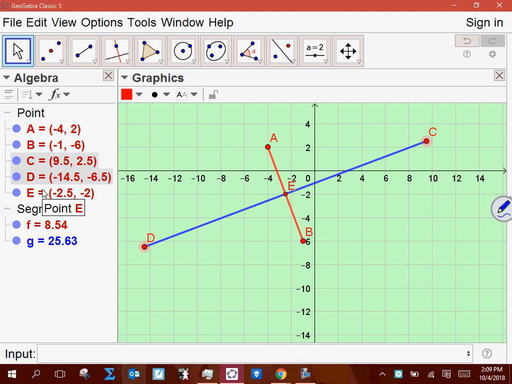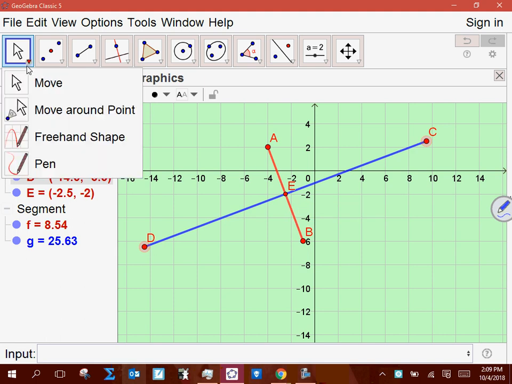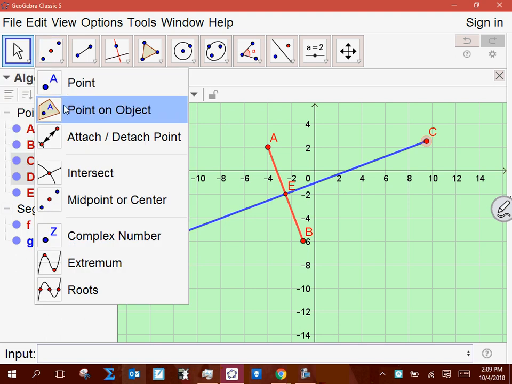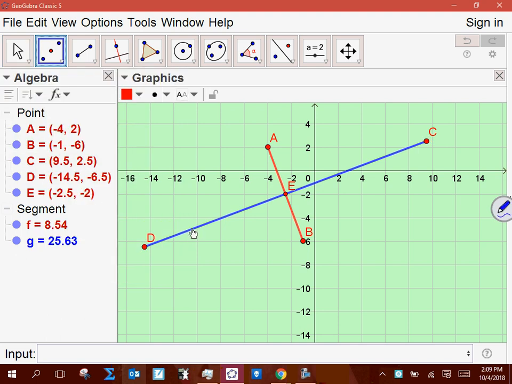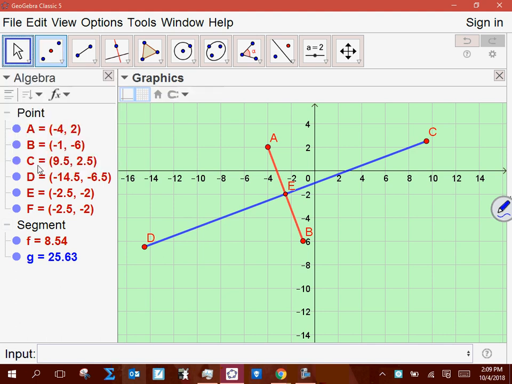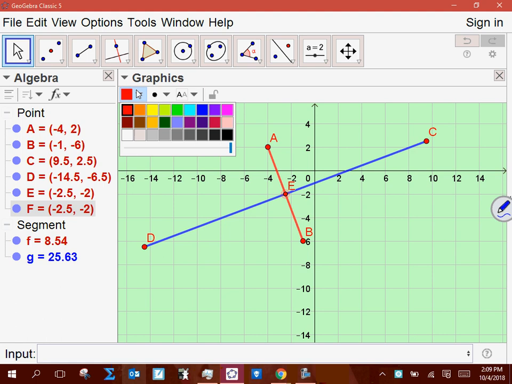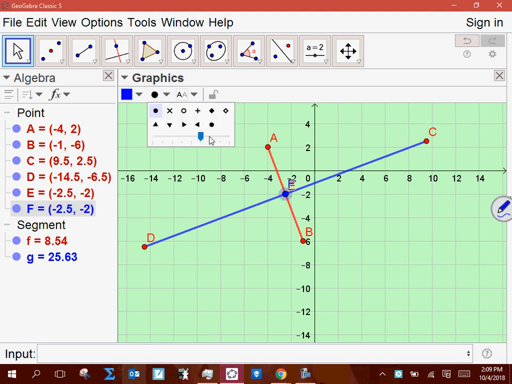Let me do this. Point E is the midpoint of the red segment. Let's find the midpoint of the blue segment, and I'm going to make that point blue. Let's make both of these a little bit bigger.